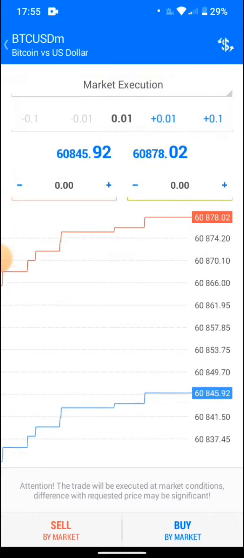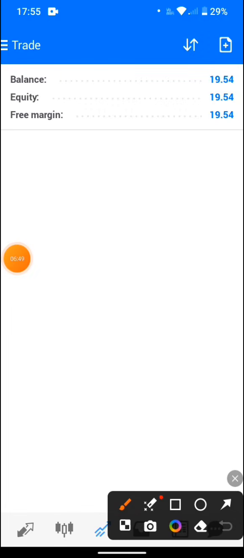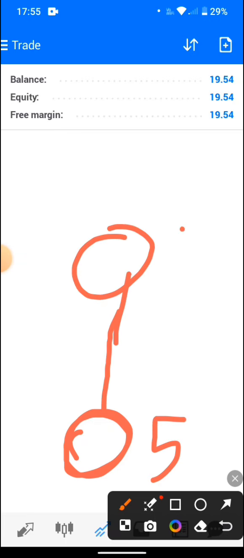Before we place our buy stop order, let me come to the whiteboard and explain. So a buy stop order is basically, this is the current market price, which is like $5. And let's say our buy stop order is at the top, which is like $7. I'm going to use Bitcoin.